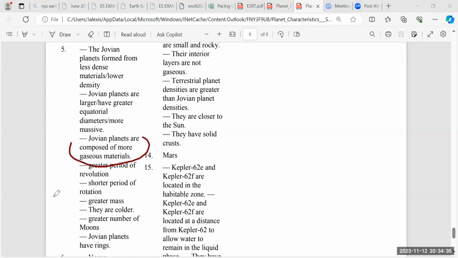Jovian planets are composed of gaseous material, greater period of revolution, shorter period of rotation, greater mass. They're colder because they're farther from the sun. They have a large number of moons. Jovian planets also have rings. Any 2 of these options would be fine. So if you want to pause the video just to compare to see if your answer is correct, that is perfectly fine. Once again, we're referring to the fact that we know what the characteristics of Jovian planets are and what the characteristics of terrestrial planets are. That's number 5.